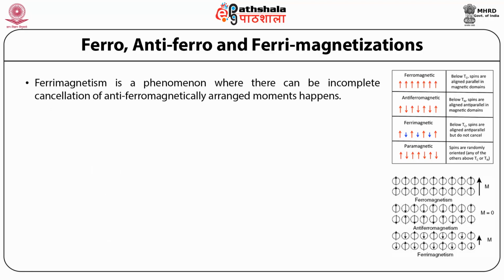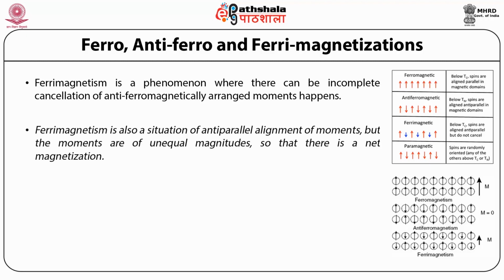Ferrimagnetism is a phenomenon where there can be incomplete cancellation of antiferromagnetically arranged moments. Ferrimagnetism is also a situation of anti-parallel alignment of moments, but the moments are unequal in magnitude, so that there is a net magnetization.